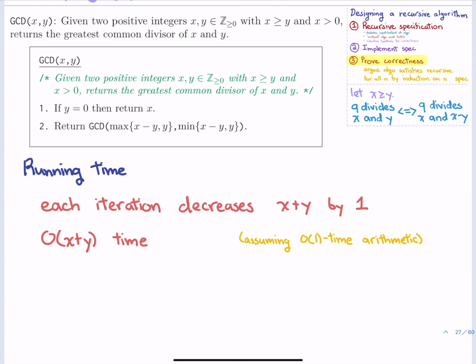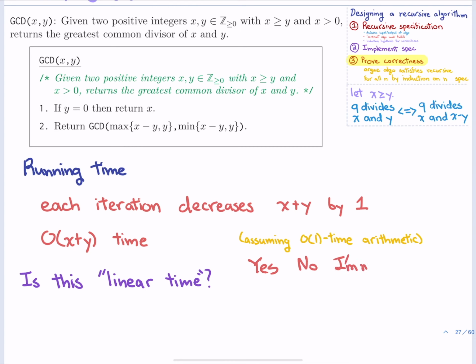Yeah, that's correct. Is this a linear time algorithm? All right, let's take a vote. You have three categories. One is yes, one is no, one is I'm not voting. Okay. Who's not voting?